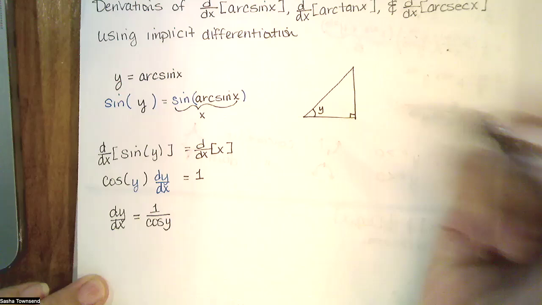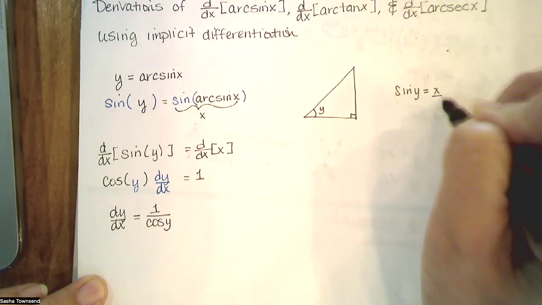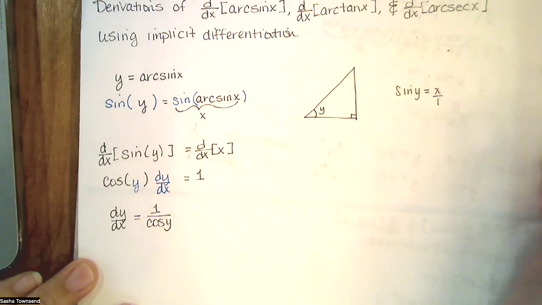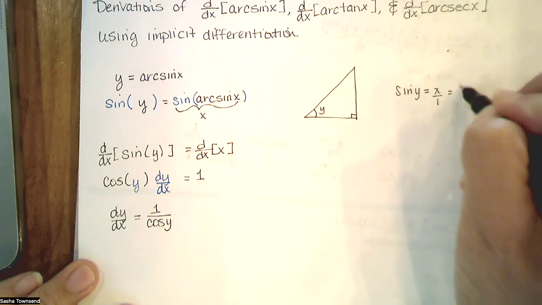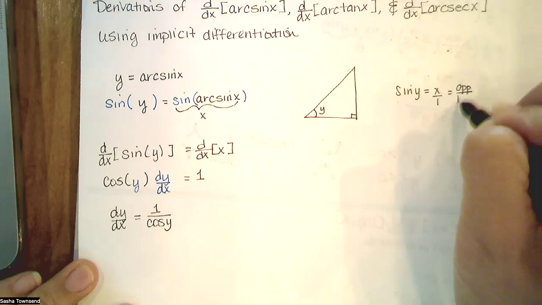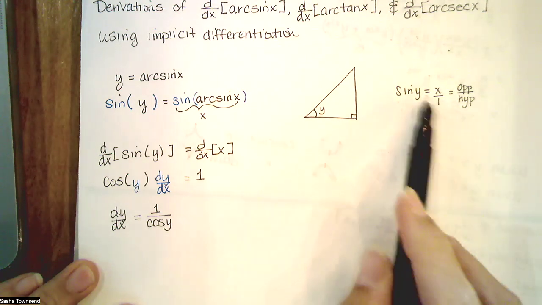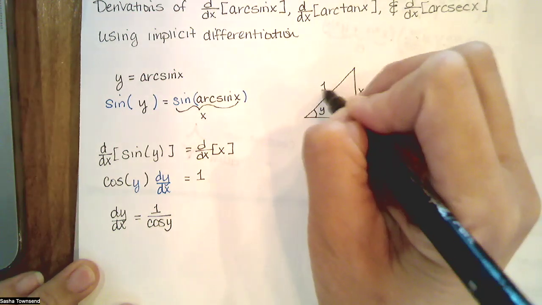So if this is my angle, and x can be written as x divided by 1, we can use this to label the sides of our triangle. Sine is opposite over hypotenuse. So when the side opposite of y is x, our hypotenuse is 1.